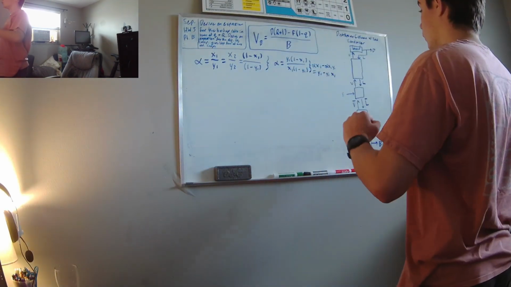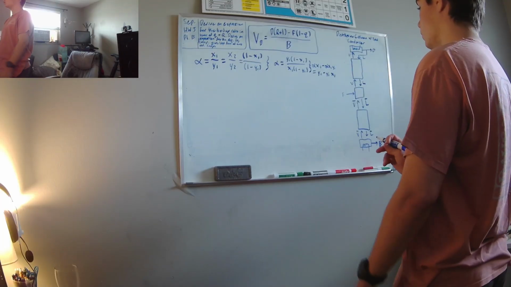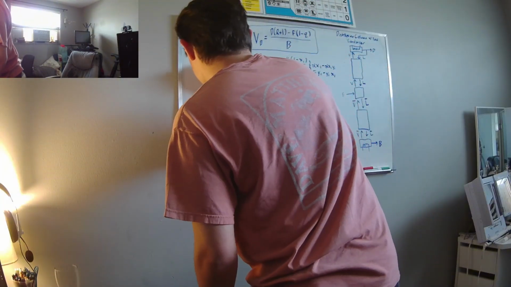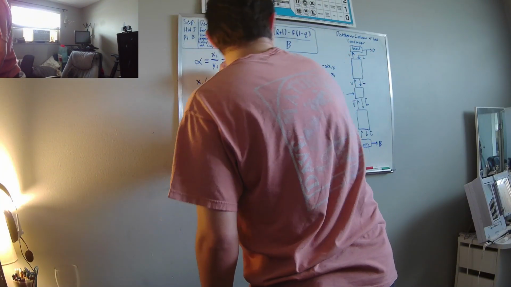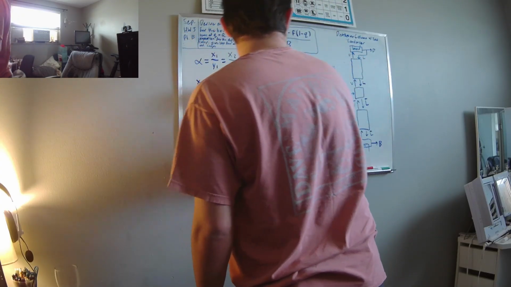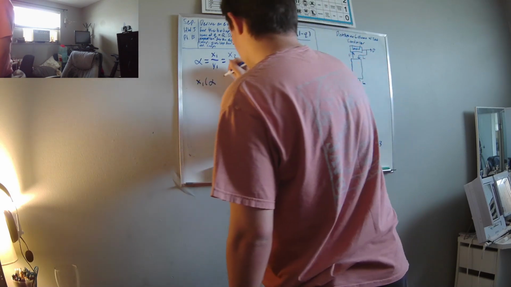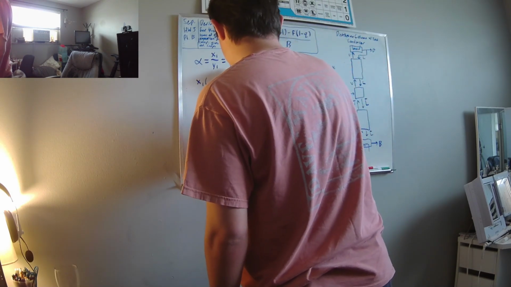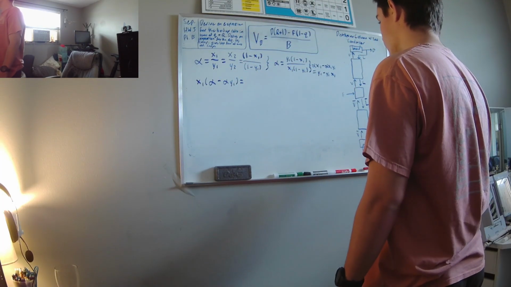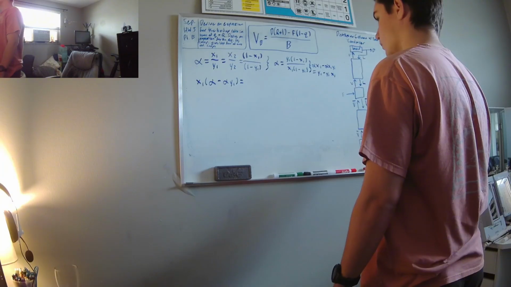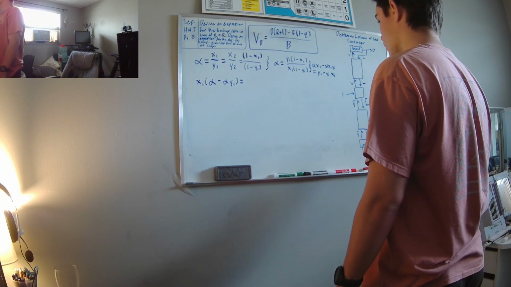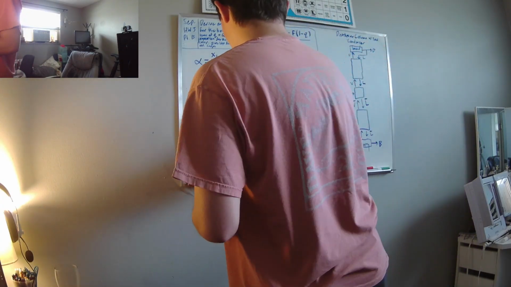And then rearranging this to solve for x1, we can go ahead and pull this out. We can get that x1 times alpha minus alpha y1 equals, got a little ahead of myself here.